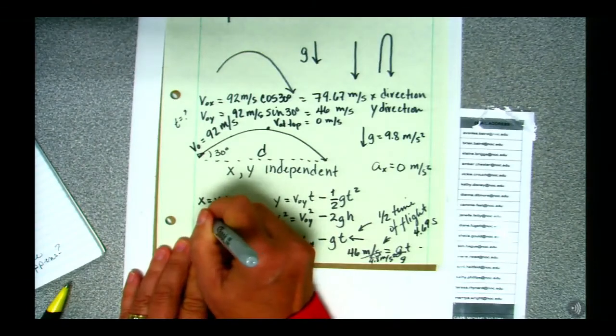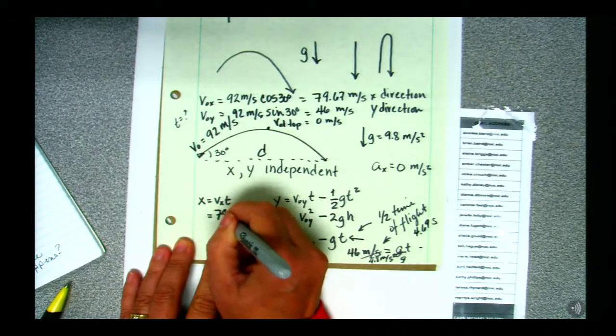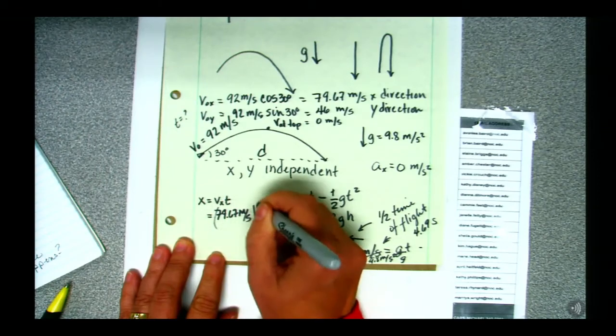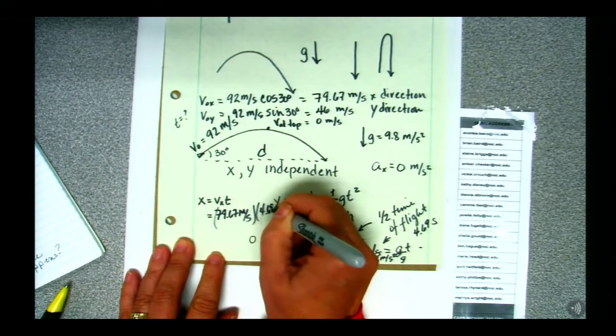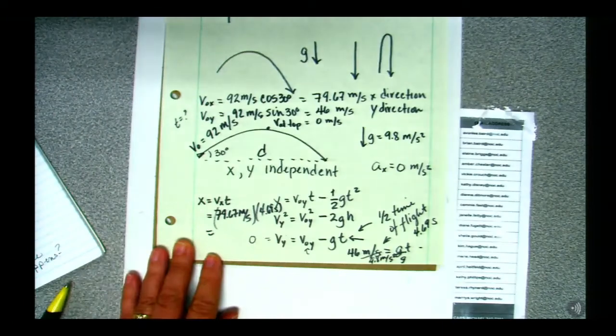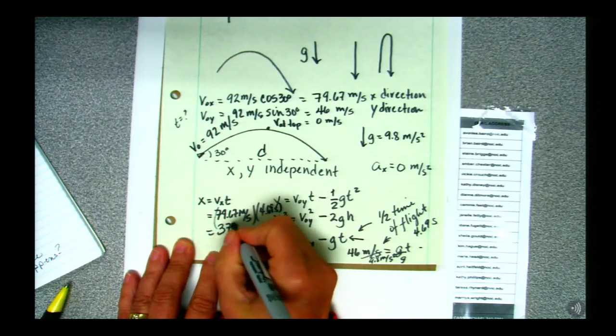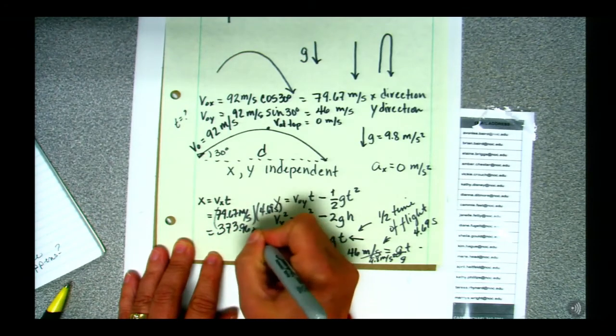Now I can put my 79.6 meters per second times my 4.69 seconds. And it's going to land 373.96 meters downrange.